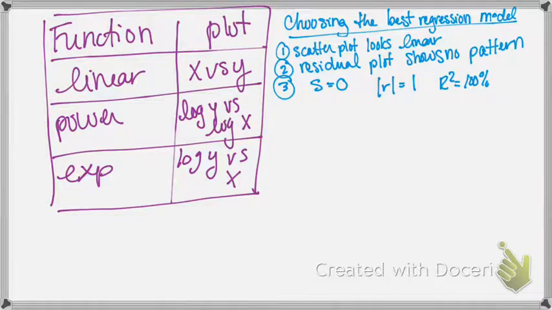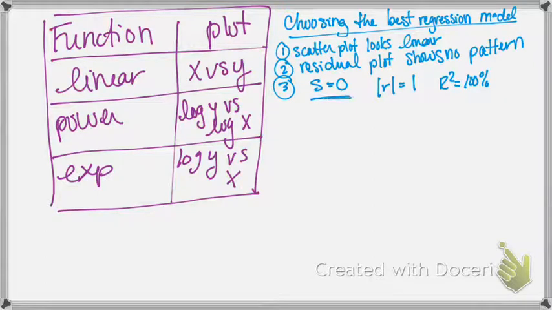If you have more than one of the tries that you made that look linear, then you're going to move on and check the residual plots. So then you're going to look to see which of the two residual plots looks like it's more randomly scattered with no pattern. If you have kind of like a tie there and you're still moving on, then next you would run your regressions and you would look at the standard deviation of the residuals, the correlation coefficient, and the coefficient of determination.